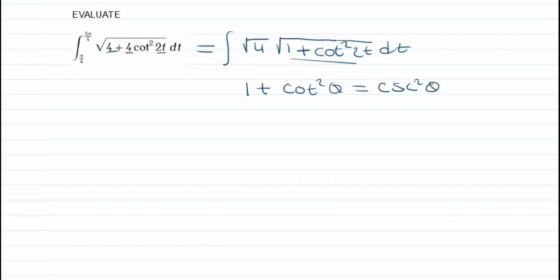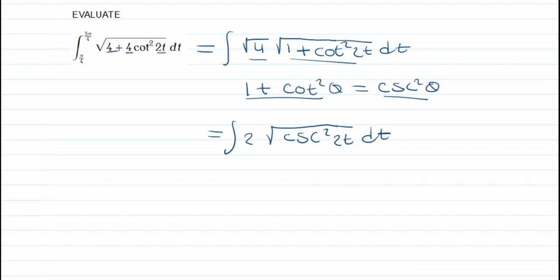So instead of writing everything here, it's better we write its equivalent, which is cosec squared theta, meaning that our integral expression is going to be the square root of 4, which is 2 squared, times the square root of cosec squared 2t dt. We can take out the 2, meaning we're going to have 2, the integral of square root of cosec squared, which will be cosec 2t dt.